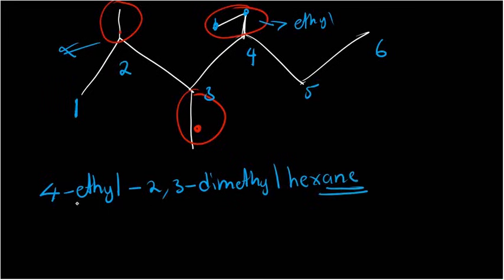Why did I start with the ethyl? Because ethyl, that's a name, but if I say di, I just meant 2. What is the real name? The real name starts with methyl. So this di is not considered to be the first on the alphabet because it is just a name which is given to show that there are two, but the real name is methyl. So that's how we answer that one.